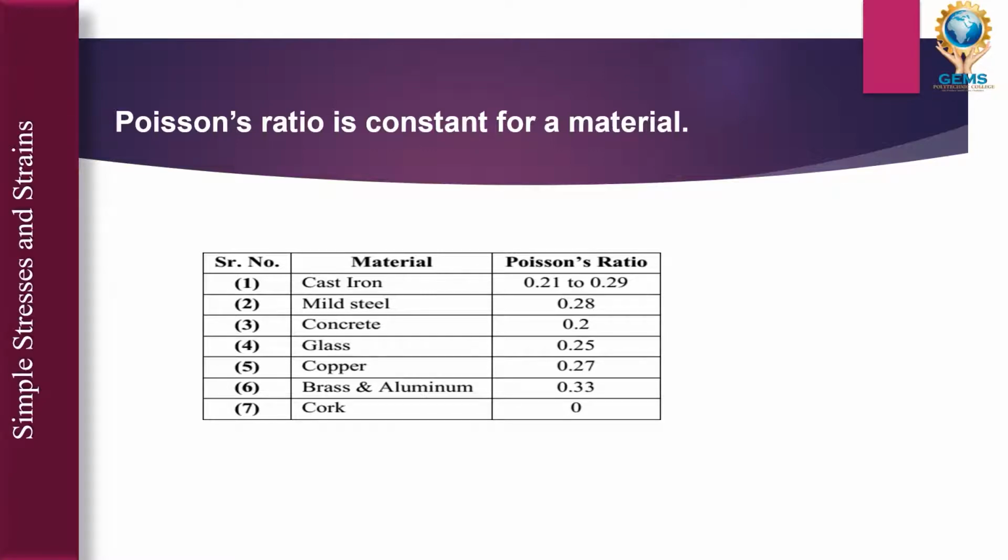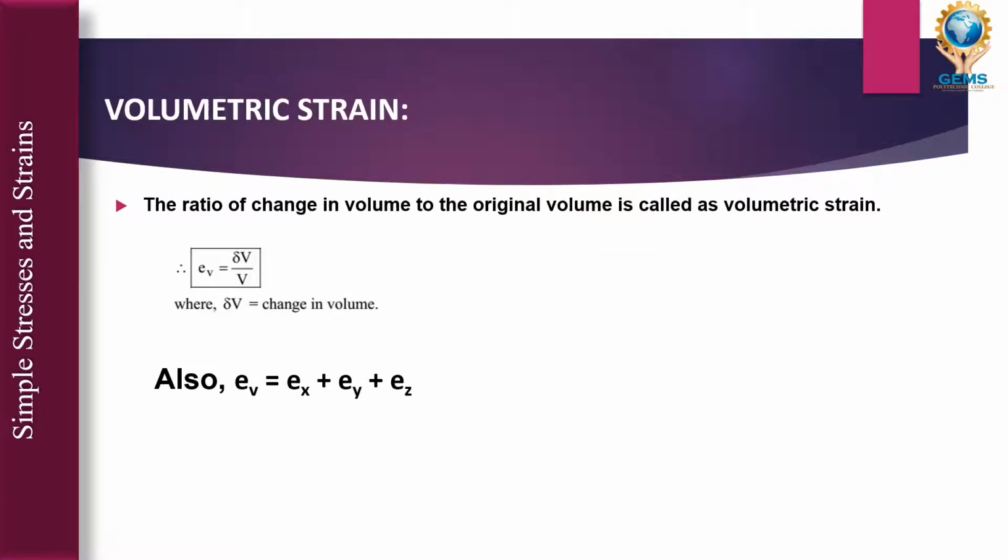Understand? Next we will see volumetric strain. What is volumetric strain and what are the types of volumetric strain? This is very important. So what is volumetric strain? The ratio of change in volume to the original volume is called volumetric strain.